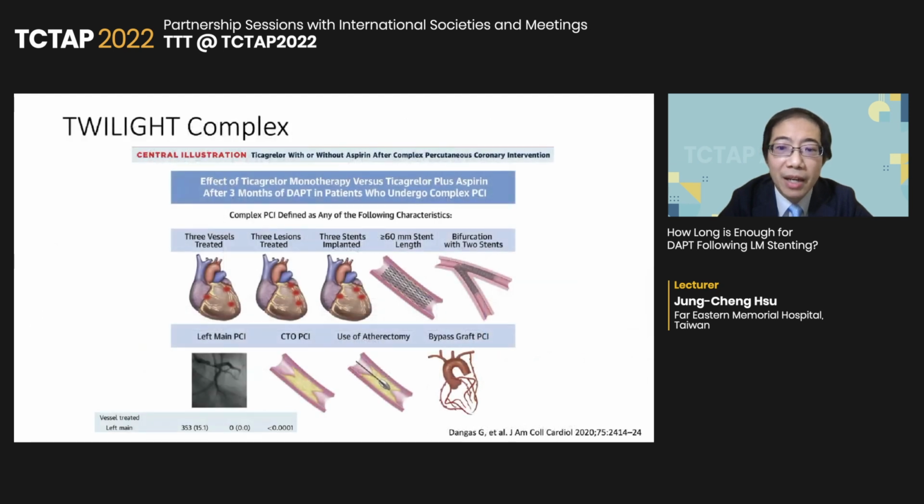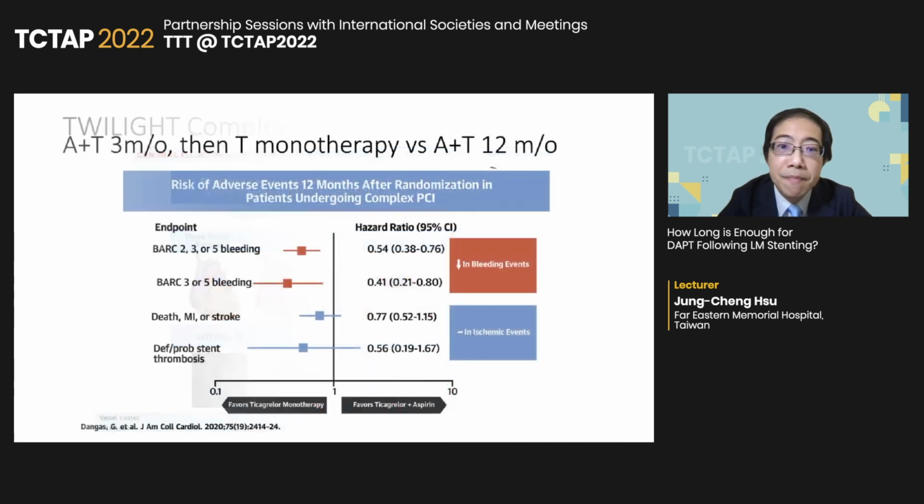In TWILIGHT-Complex, they compared ticagrelor monotherapy versus DAPT with aspirin and ticagrelor after complex PCI, including the complex PCI defined before plus left main and atherectomy. The left main group is 15% in this study.